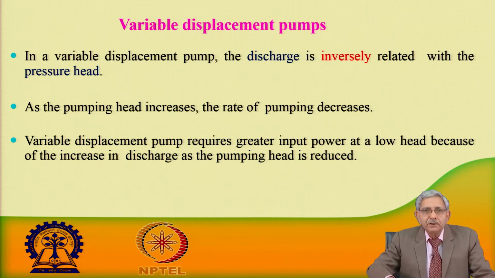In a variable displacement pump, discharge is inversely related with pressure head. So, as pumping head increases, the rate of discharge, or we say the capacity of the pump, decreases.